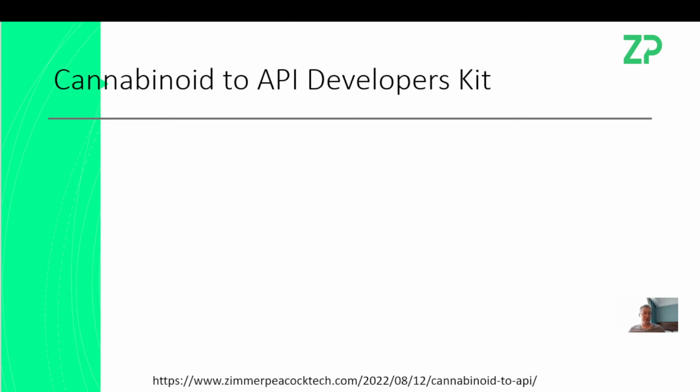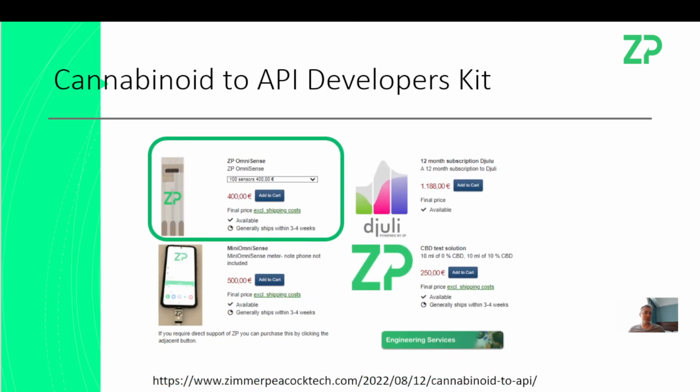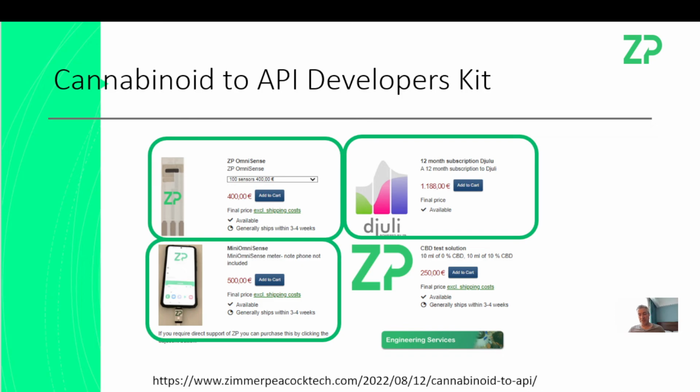Now, there is a kit available online. If you have any questions about this, there's also a contact page at Zimmer Peacock. What we're doing here is that there are sensors, so you're able to just get some sensors and essentially get going. There's a 12-month subscription to Julie. There's the mini OmniSense, as I say, that plugs into a smartphone, gives you the power, and it also allows the app to reside on it, and it gives you connectivity so you can send data to the cloud.